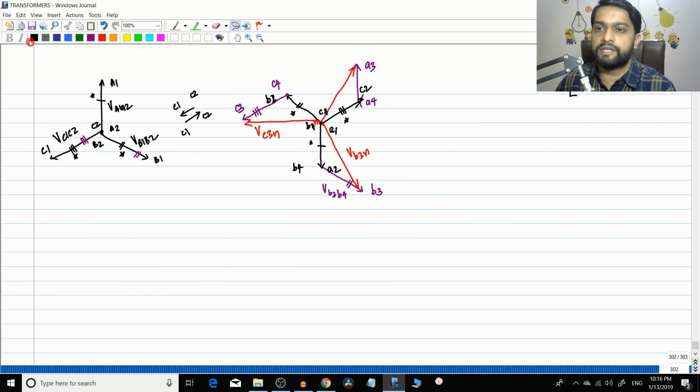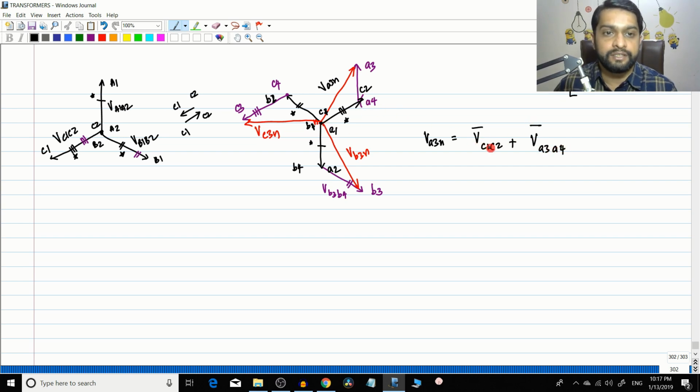And let us find the equations. Now, what do we want to find? We want to find the value of VA3N, right? So VA3N will be the vector sum of this vector, which is VC1, C2, plus this vector here, which is VA3, A4.